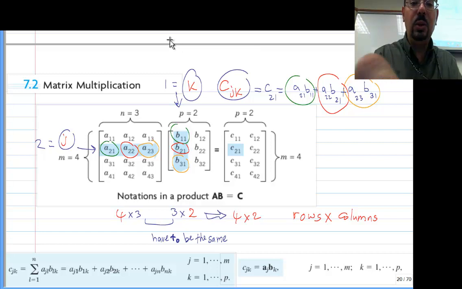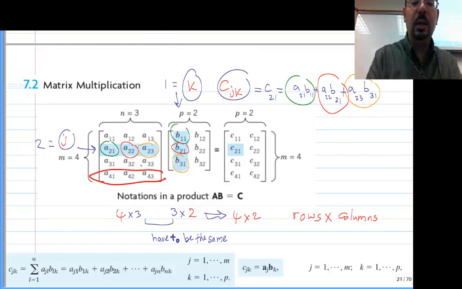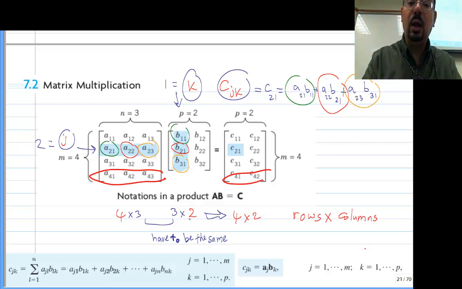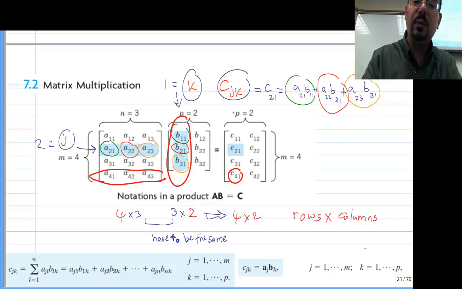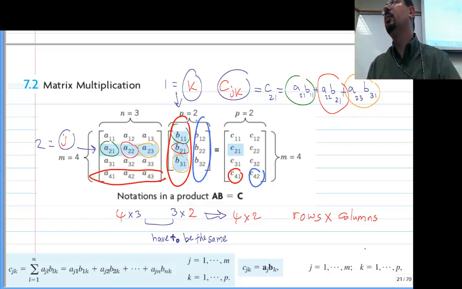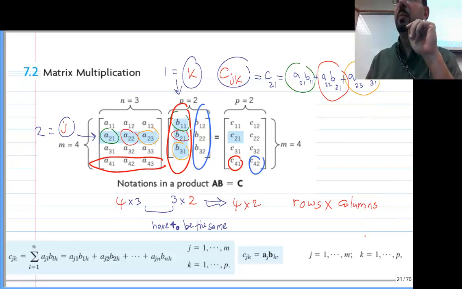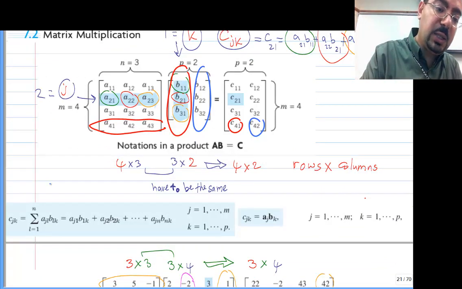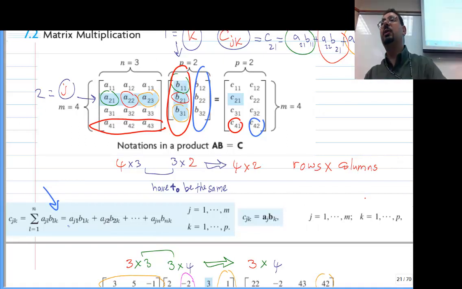For example, you would say, well, this row will generate which row in the final result? The fourth row, right? And how will it generate those two entries? Well, it will get this one by the first column, and it will get this one by the second column. So this is actually how you make a computer program to do this multiplication.